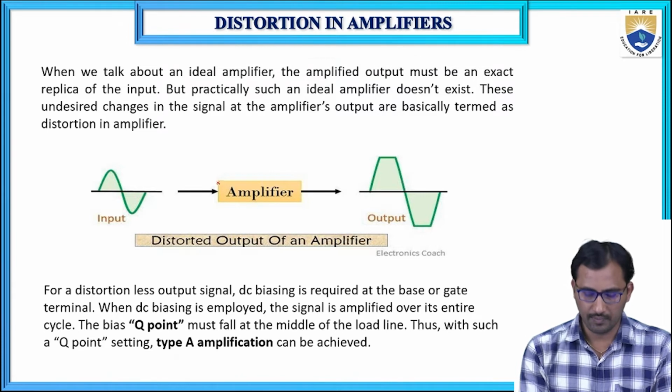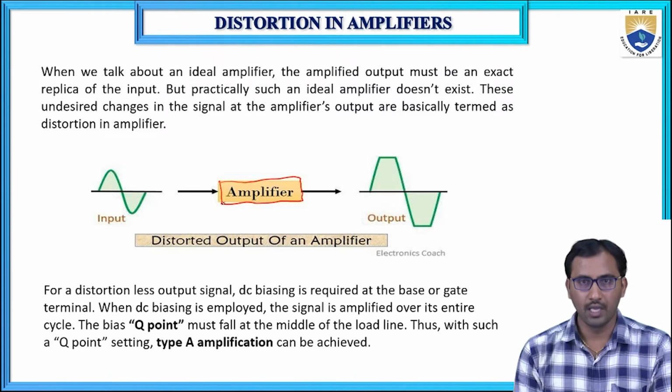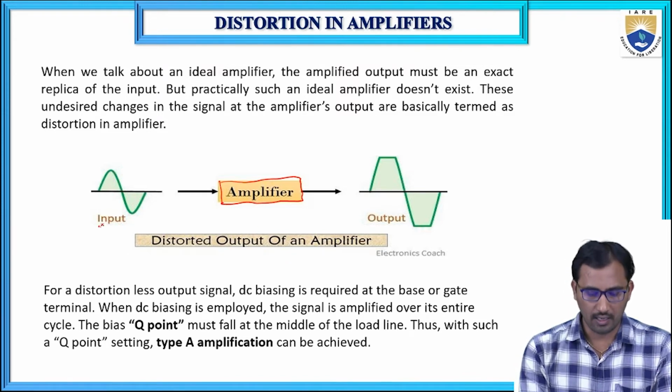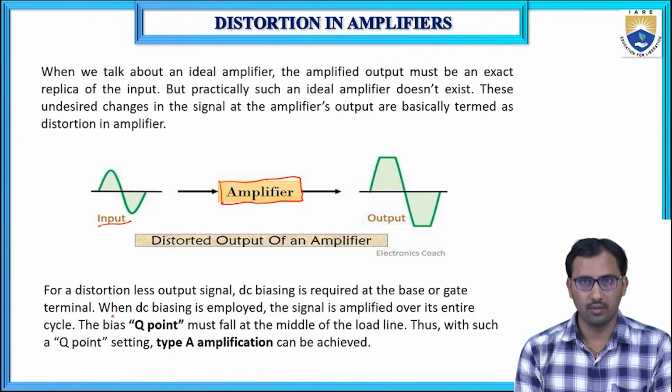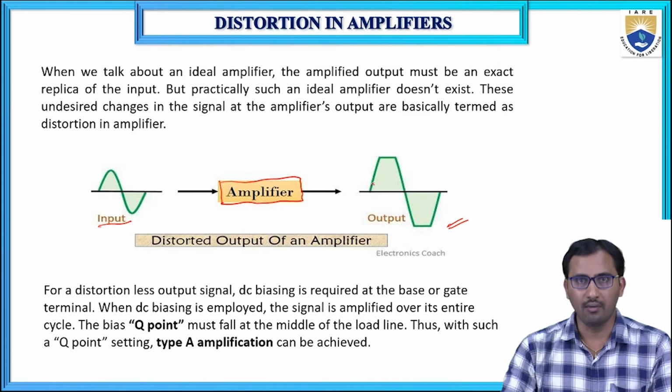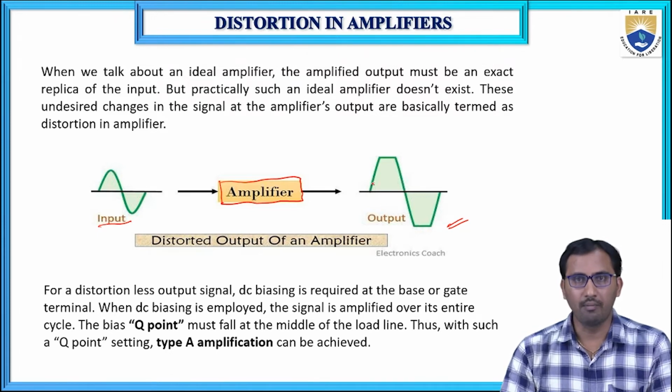So this is an amplifier. For this amplifier, we have applied a sinusoidal input signal. Then you can see the output waveform. We got an amplified version of the given input signal.